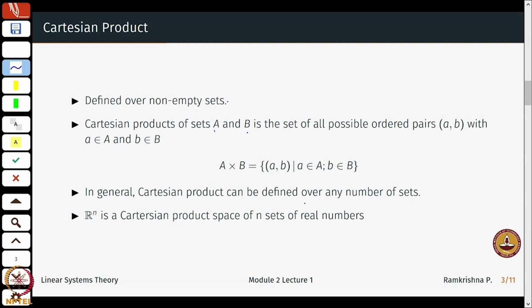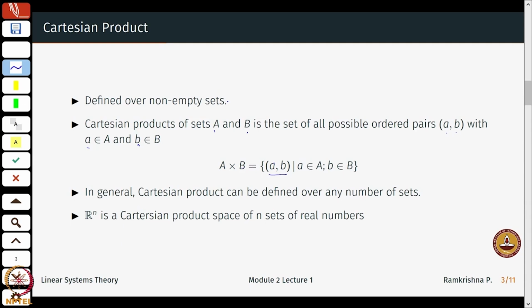So the Cartesian product is the set of all possible ordered pairs. I'll tell you why I call this ordered. So take (a, b) with a belonging to A and b belonging to B, such that A cross B is represented as just this, (a, b). So the order comes from the notion that small a comes from capital A, small b comes from capital B, and so on, right.